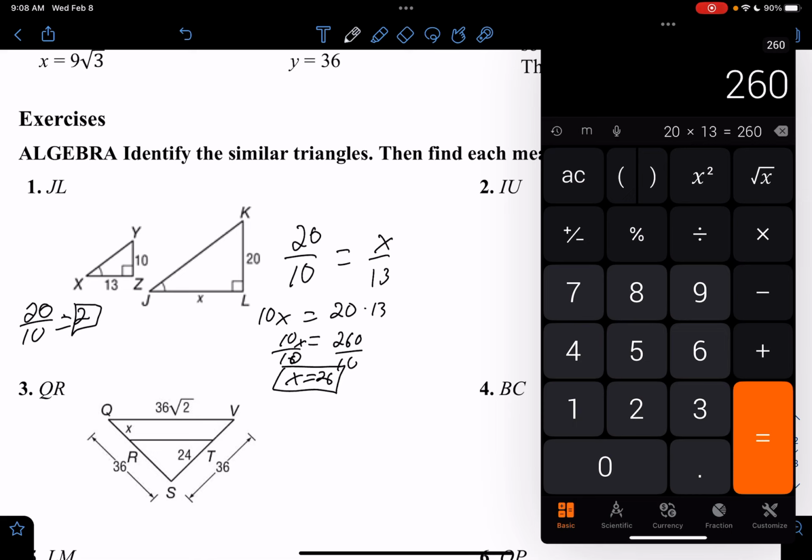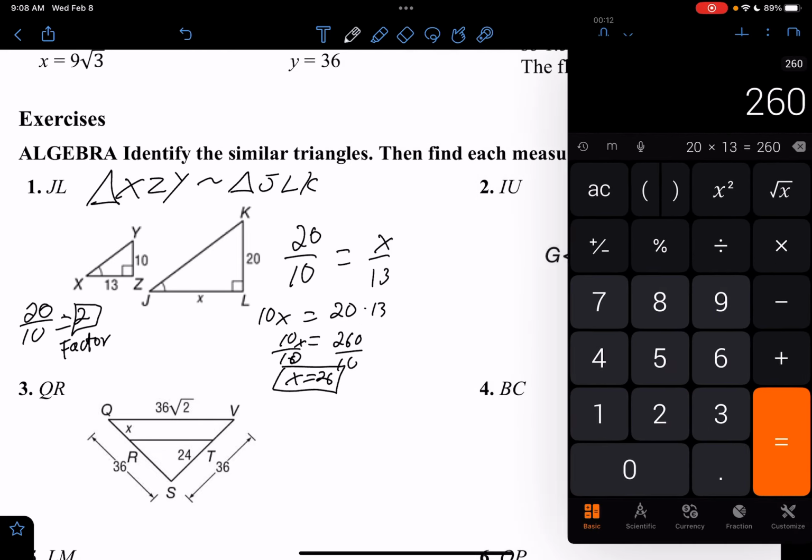So all you had to do was take the 13 and multiply it times 2. Okay, so this is the factor, the 2. So again, you could have taken 13 and multiplied times 2. Now we have to write the similarity. So triangle XZY is similar to triangle JLK.